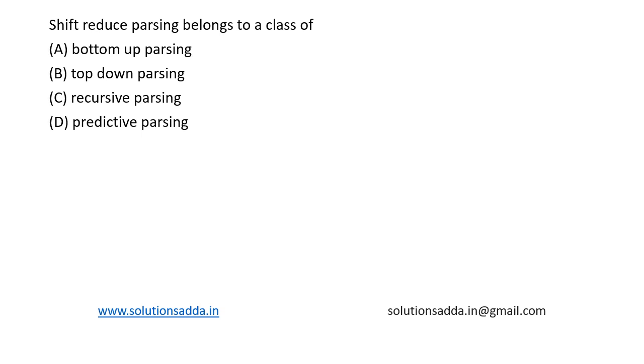A reduce step applies a complete grammar production rule to the recent parse trees, joining them together as one tree with a new root symbol. Some examples include SLR, CLR, LLR. So shift reduce parsing belongs to the class of bottom-up parsing. Option A is the right choice.